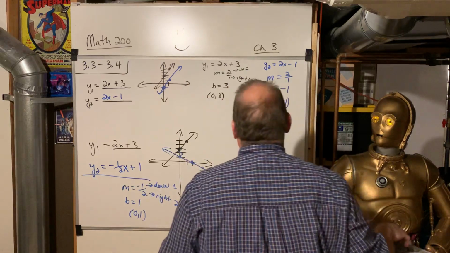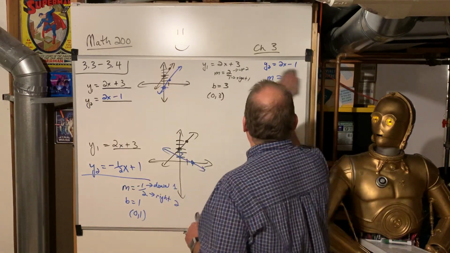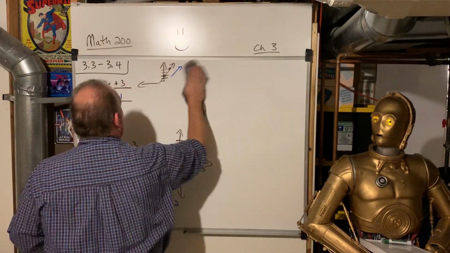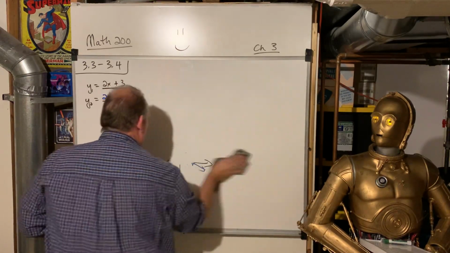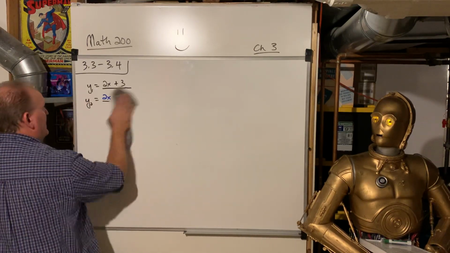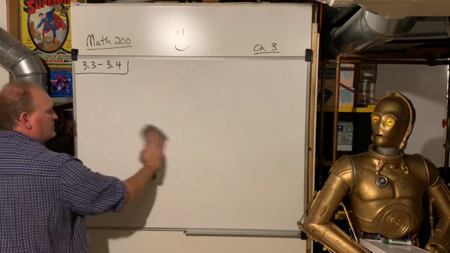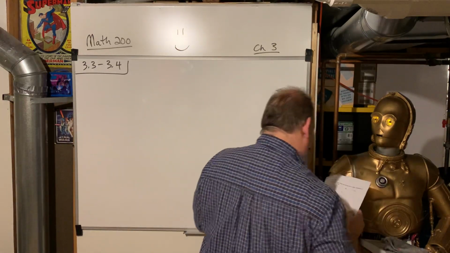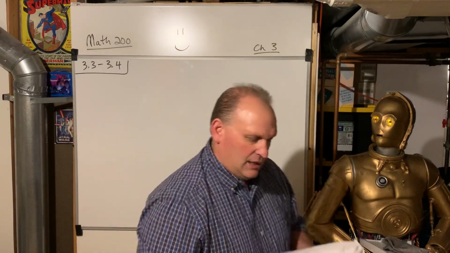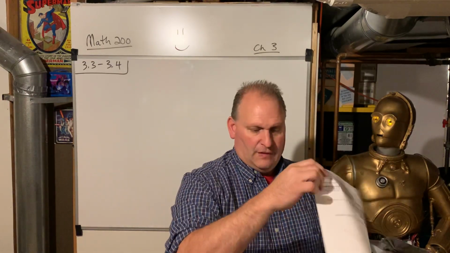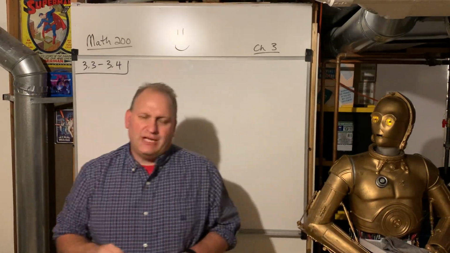So now let's do 3.4. That is graphing inequalities. So that's graphing lines again, but it's an inequality with a greater than or less than sign. And this is interesting because unlike with a number line, which is the other place we saw inequalities, you could do interval notation.